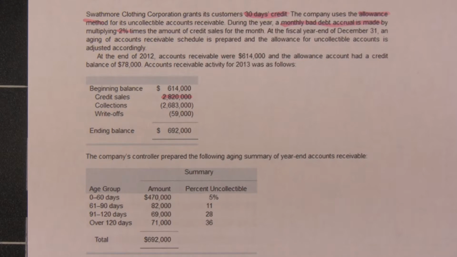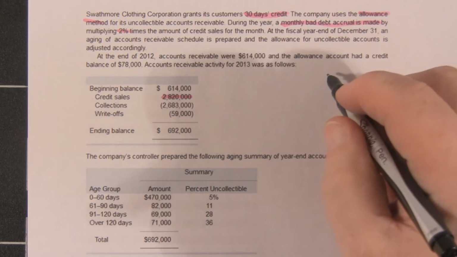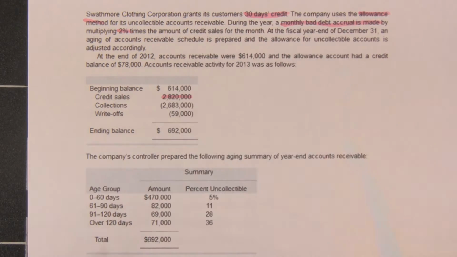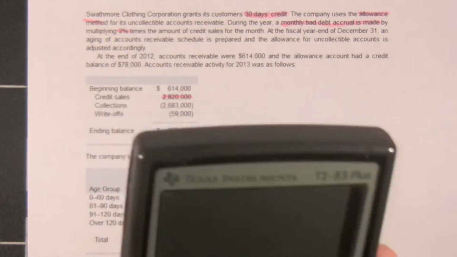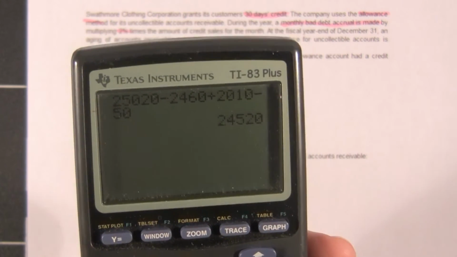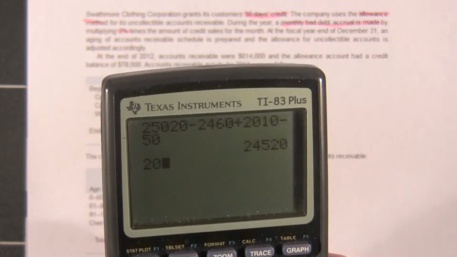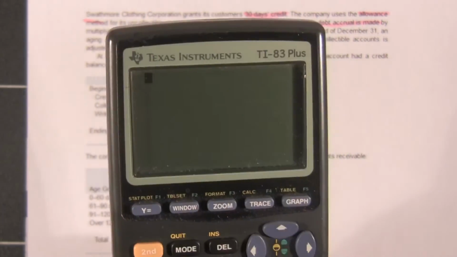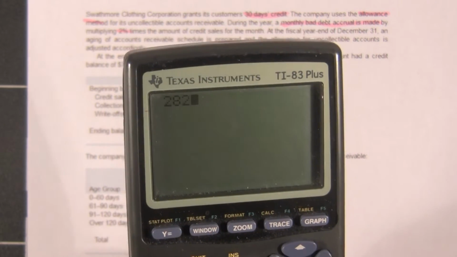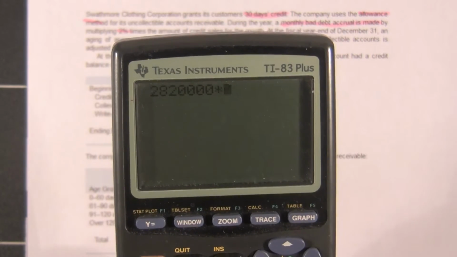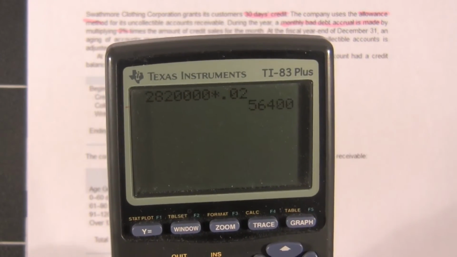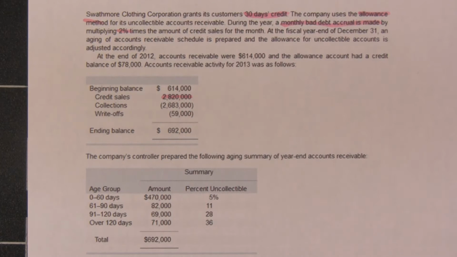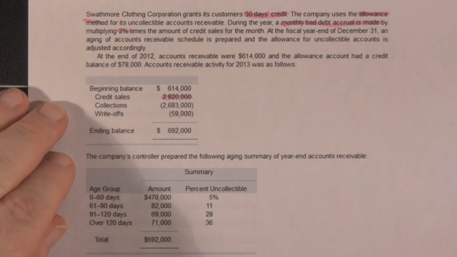So 2% of 2,820,000 times 0.02 is 56,400. So their first event, their journal entry for December of that year, is 56,400.